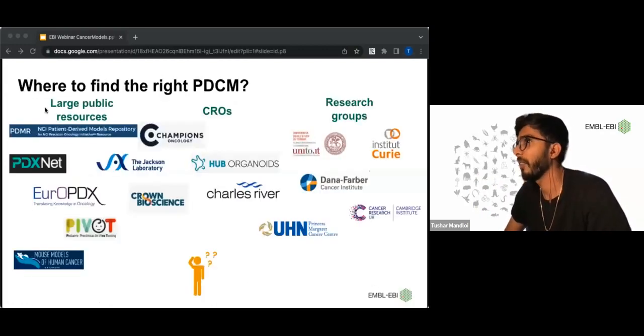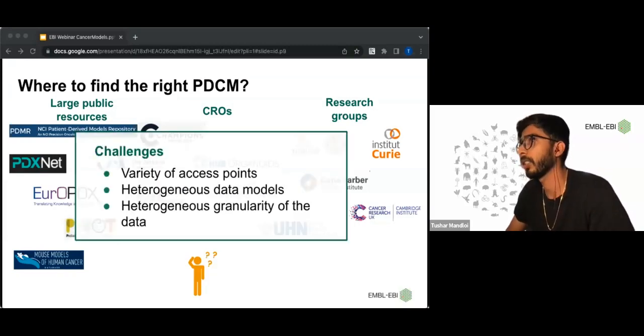So there are various resources and databases out there that specialize in cancer research and genomics, which provide you with model information and their molecular data, such as PDMR, GDC, and consortiums such as PDXNet, PIVOT, or individual laboratories which generate these models, such as Jackson Laboratory or Charles River. But since there are various resources, that comes with its own set of challenges.